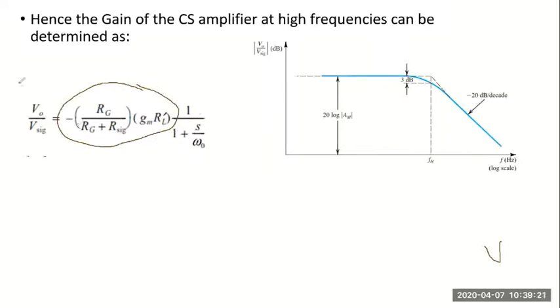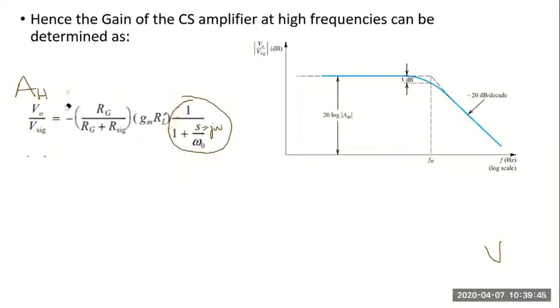Now the high frequency voltage gain will have one additional term, which is frequency dependent. Why is it frequency dependent? Remember, S is equal to J omega, where omega is 2 pi F. So I have a frequency dependent term now in my equation for the gain.